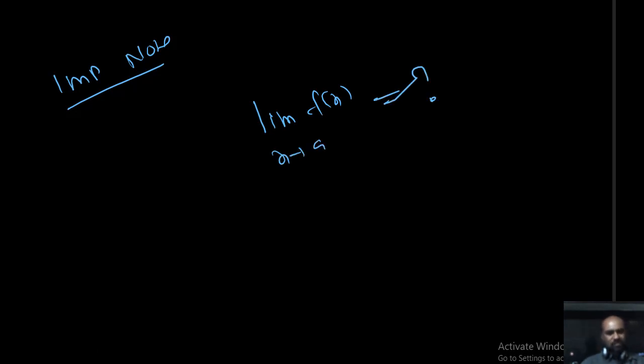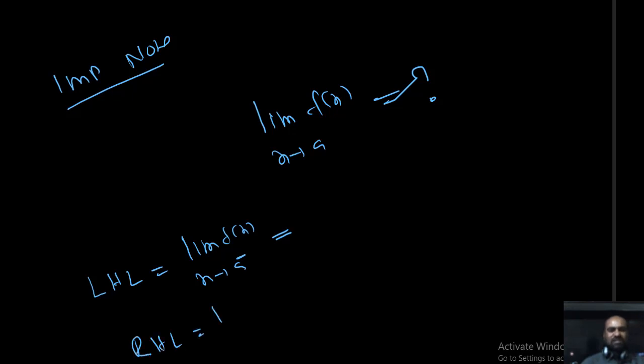What should we do? That is important. First of all, you want to find LHL. What is LHL? The limiting value of f of x where x tends to a minus. Next, RHL should be found. What is RHL? The limiting value of f of x where x is tending to a plus.